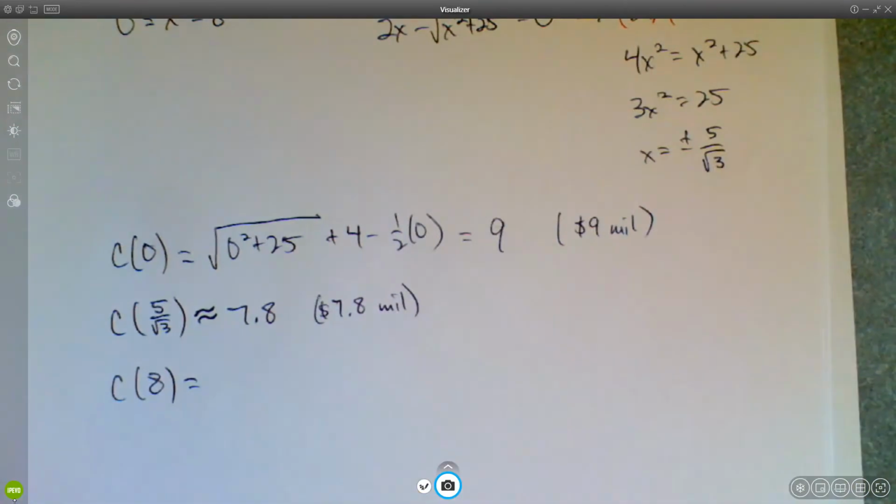We would have square root of 8 squared plus 25 plus 4 minus 1/2 times 8.